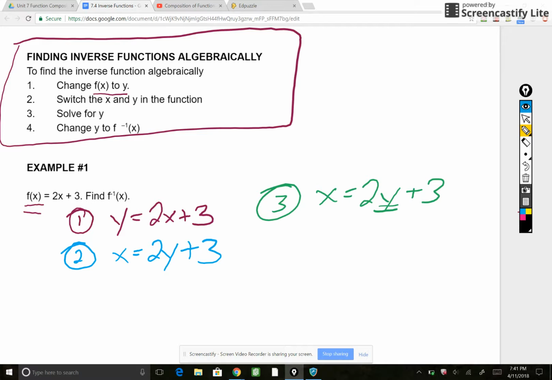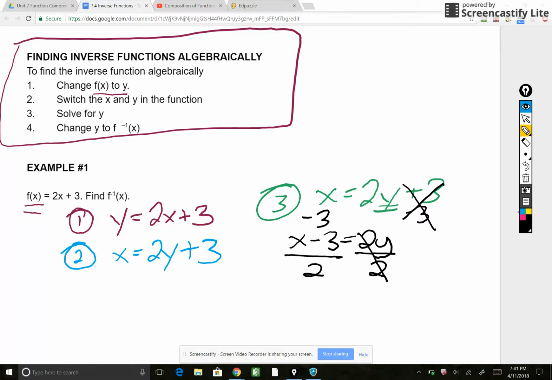First step would be to subtract 3. These cancel. I'm left with x minus 3 equals 2y. And then divide by 2. Remember, you're undoing everything. That's why it's an inverse. So I end up with (x minus 3) divided by 2 equals y. So y is by itself, so I'm good.